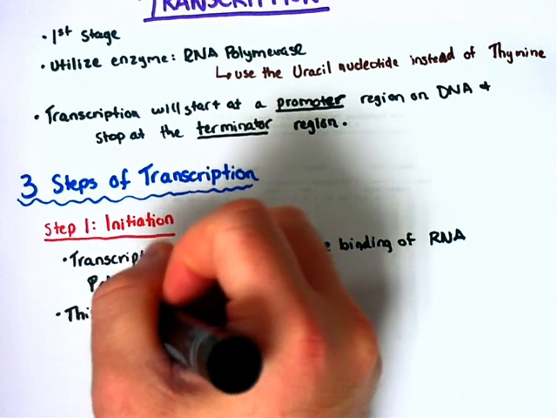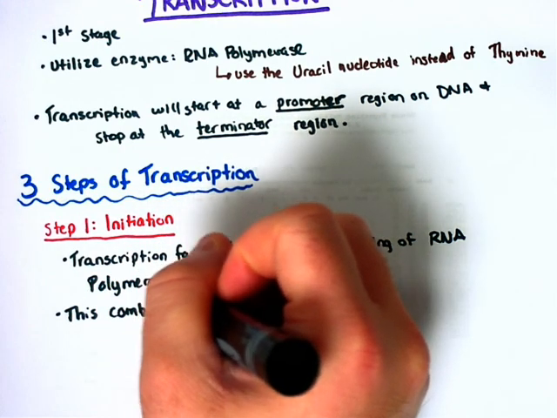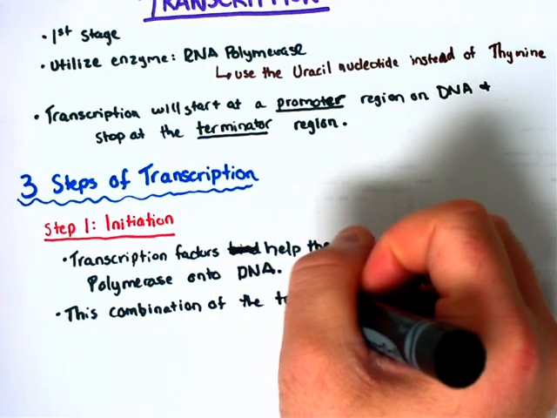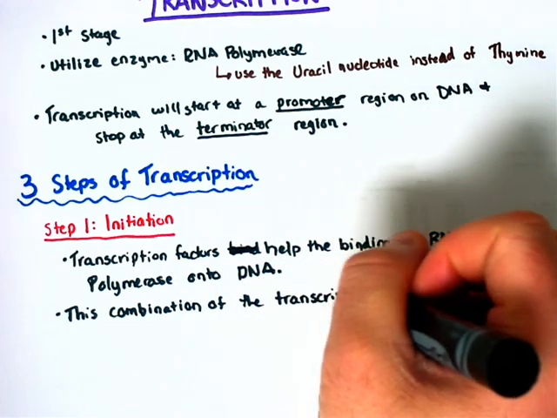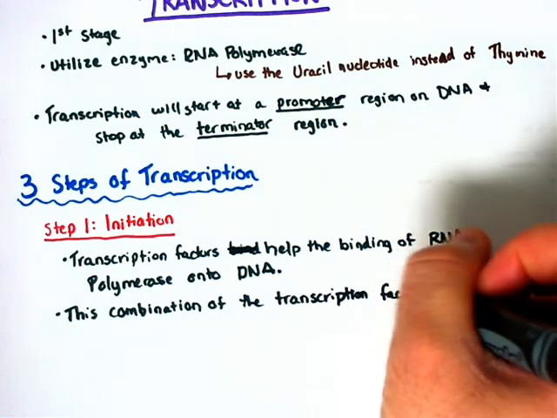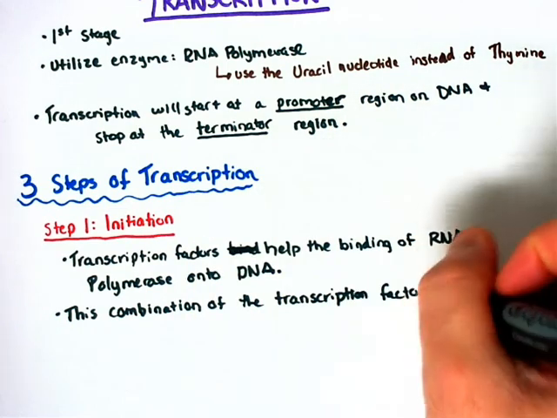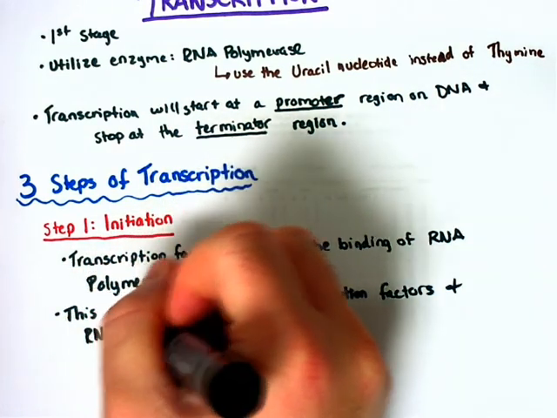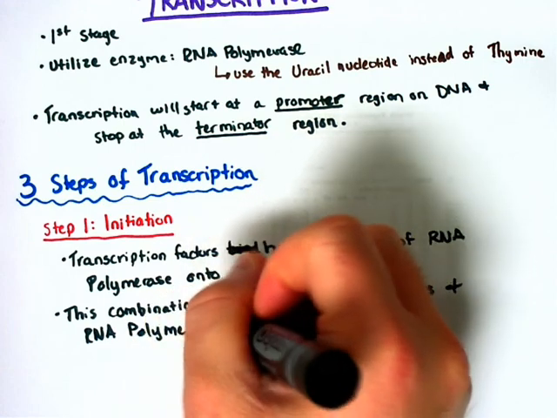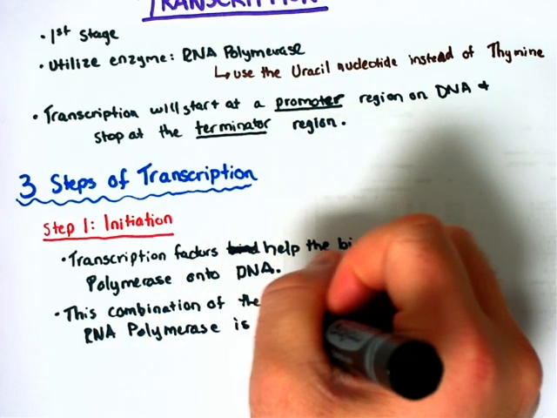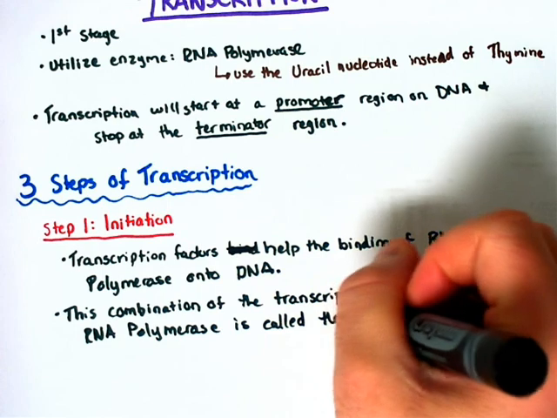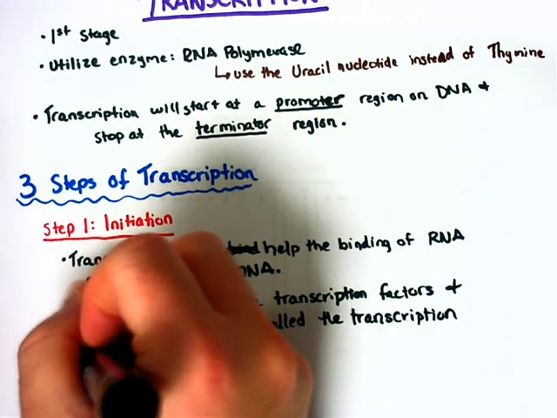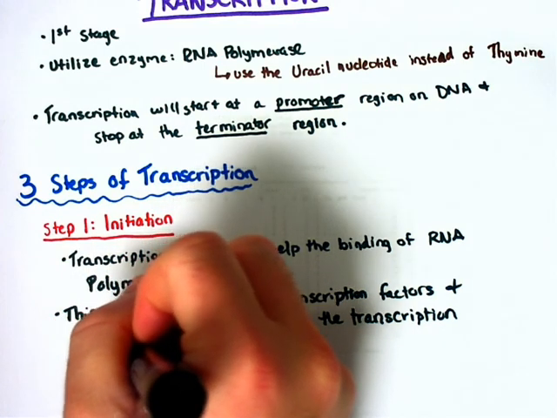The combination of all of the transcription factors, and there's multiple of them, and RNA polymerase is called the transcription initiation complex.